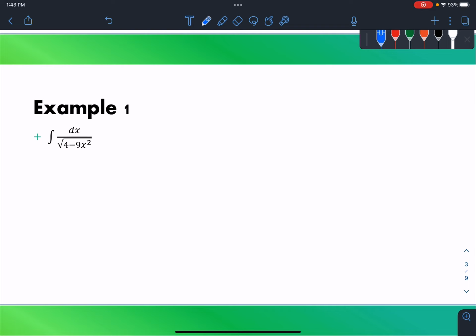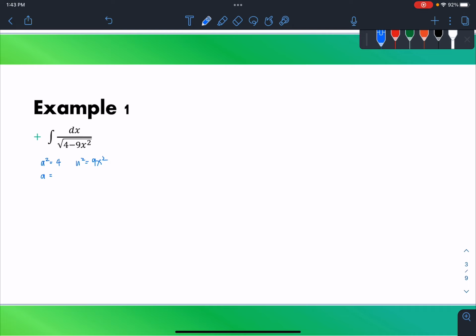Therefore, it starts with a. In this case, we designate the constant to be a squared, which is 4, and our u squared, which is the variable, is 9x squared. Then we need to identify a.